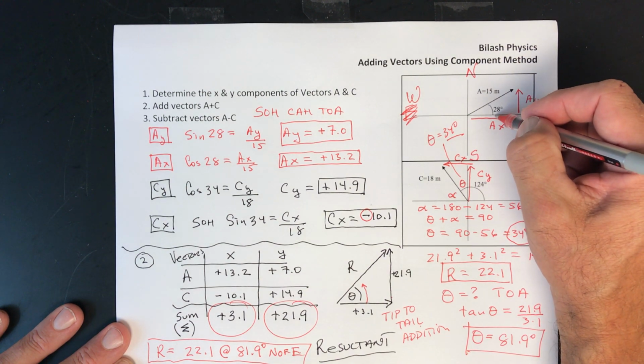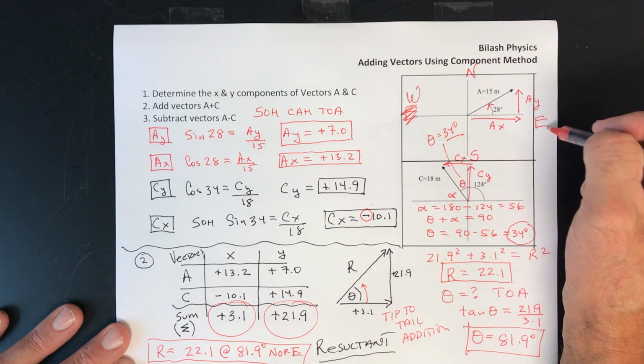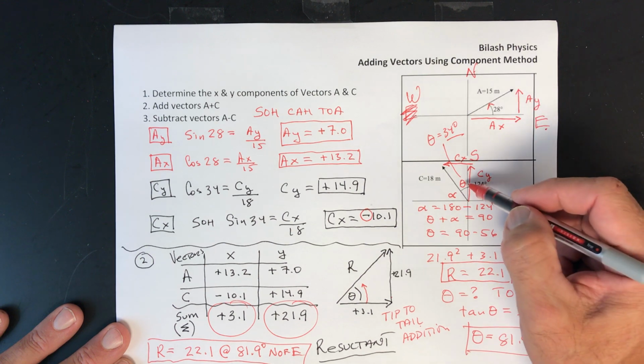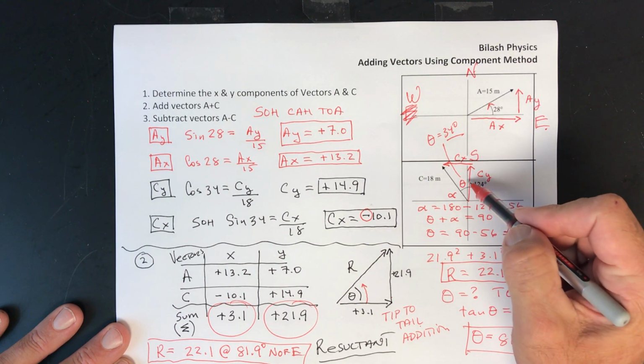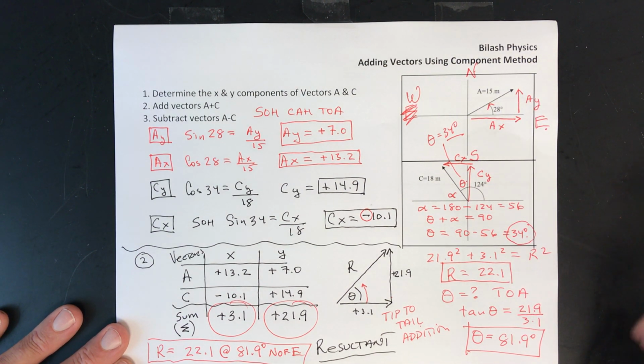So this angle here, 28, is measured at 28 degrees north of the east line. So it starts at the east line and moves north. This one here, this theta, would be 34 degrees west of the north line.